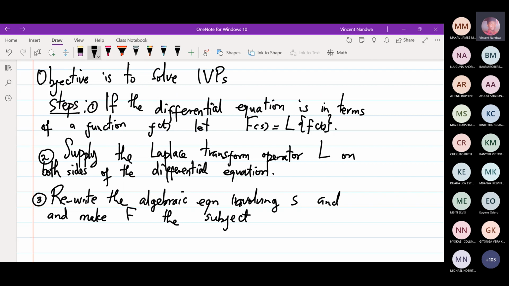And then finally, find the inverse Laplace transform of F to find the solution.